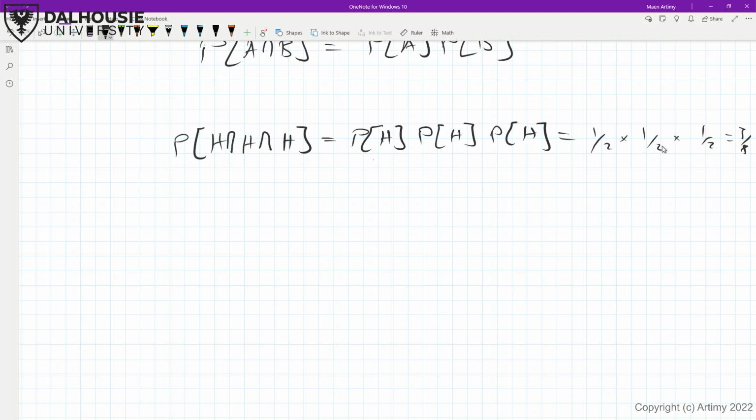Okay, so if I continue the experiment, what if I want to find the probability of one head in a three coin toss? At some point, I may find that it's easier to represent the number of heads in a three coin toss as a variable that has a value from 0 to 3.